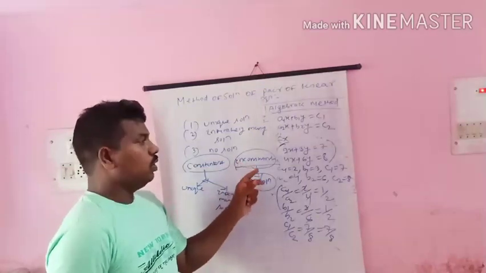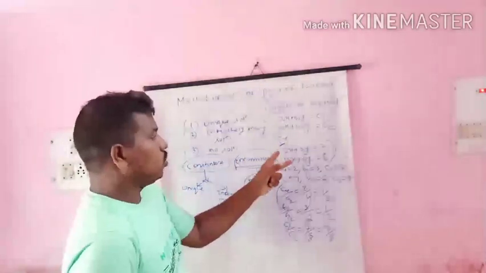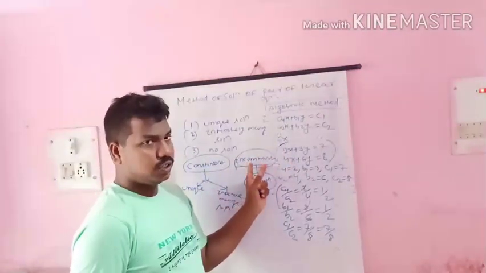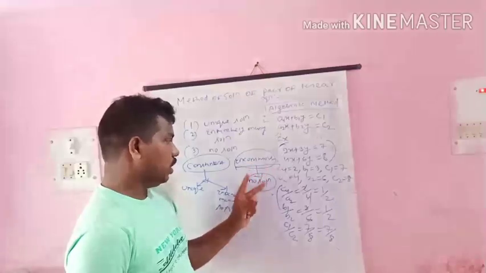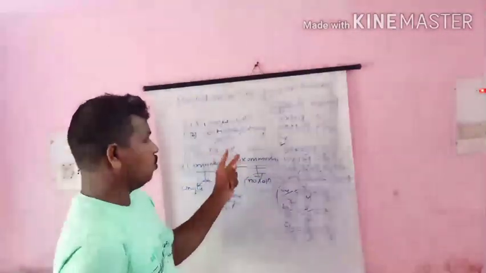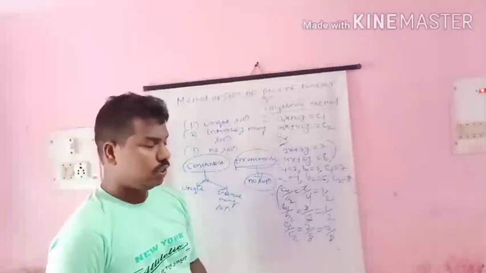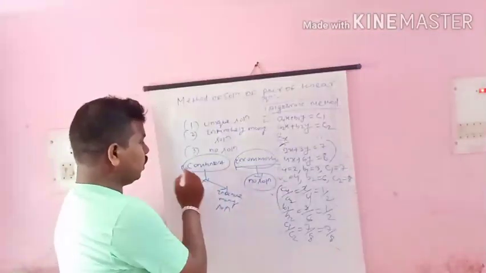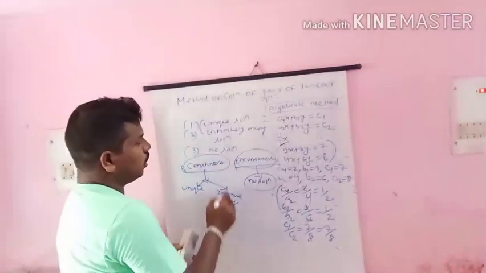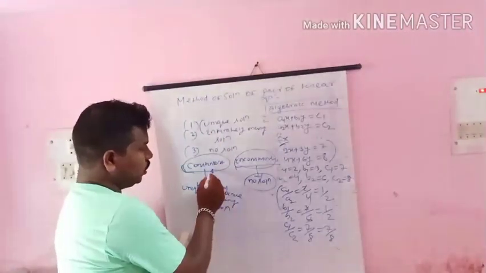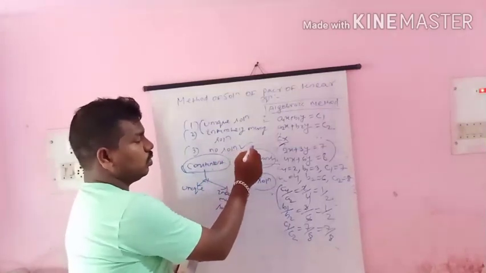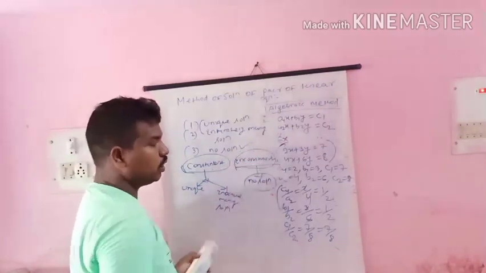If it will not give any solution, that is no solution, then it is automatically inconsistent. From the definition we clear that unique solution and infinitely many solutions always give a consistent pair, and no solution or parallel always gives an inconsistent pair.